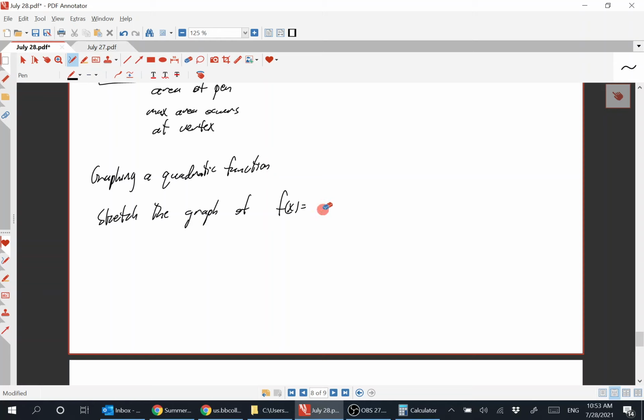Well, let's do a different one: 2x squared plus 8x plus 1. Label clearly all x and y intercepts.